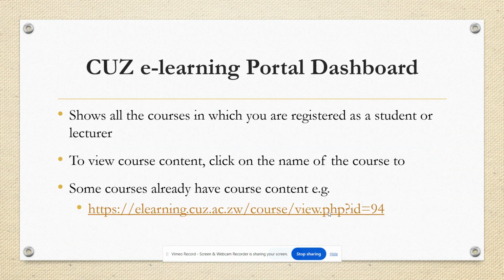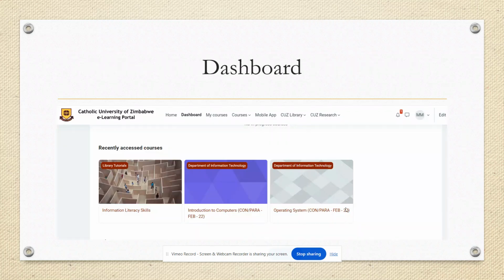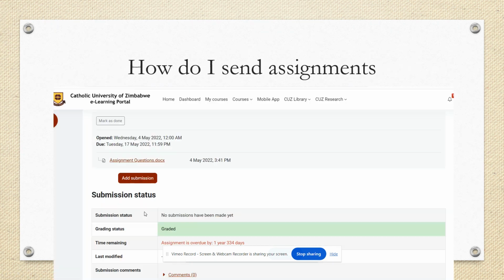It shows all the courses in which you are registered as a student or a lecturer. Then to view the course content, you click on the name of the course. If I want to view the content of the course, I just click on the name, and then it gives me everything that is covered under that.